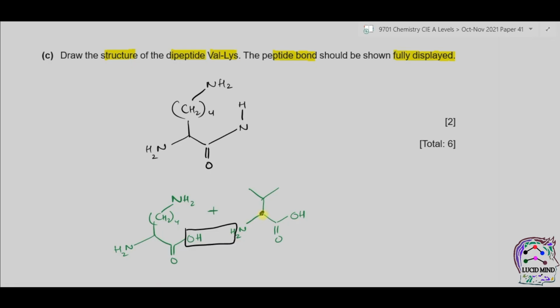Then we have this carbon atom which is attached to these three and also to C double bond O, OH. As we can see that we have C double bond O and N H, which is the peptide bond, and it is shown fully displayed.